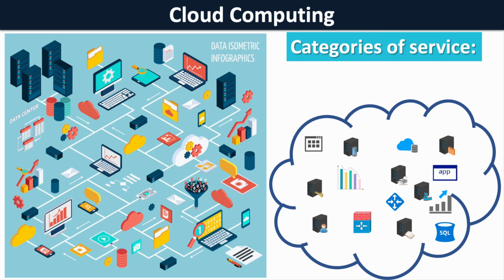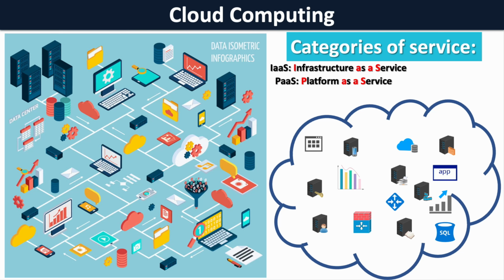The cloud is divided into 3 categories of service. The most basic category of cloud computing services is infrastructure as a service. Here, we rent an IT infrastructure, such as servers, virtual machines, storage, network equipment, or even operating systems directly from a cloud service provider with pay-as-you-go.